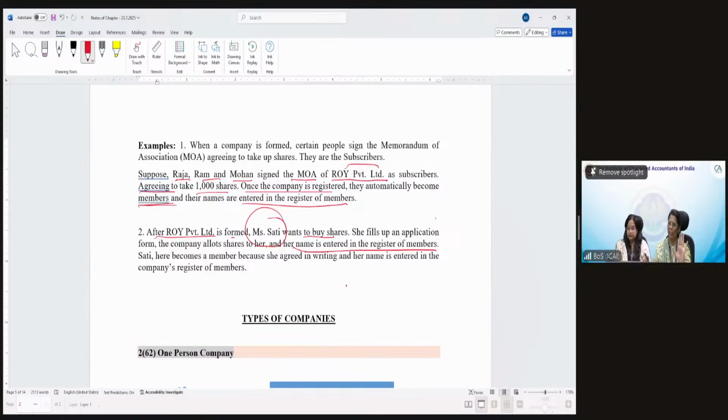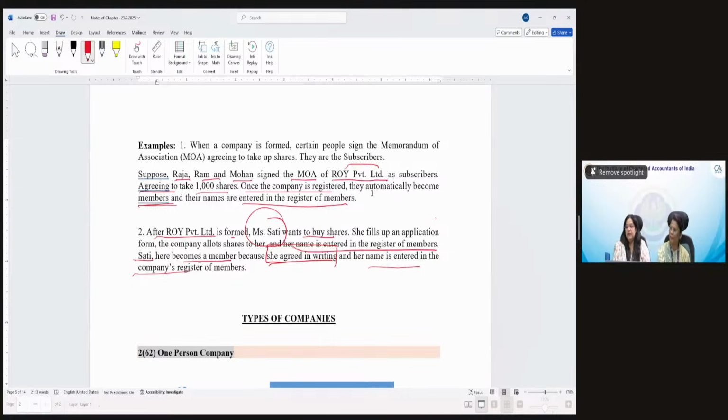Whenever anyone purchases a share and the name is entered in the register of members, then Sati has become a member because she has agreed in writing. Remember the word already given in the definition: it should be in writing. Oral will not work over here. So when her name is entered in the company's register of members, she will be known as a member of the company. I hope this is clear.